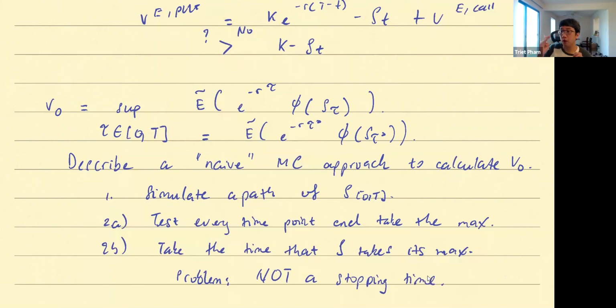Remember the whole definition of stopping time is that by observing the history of the stock up to that time, you know if it happens or not. The max is not something that falls into that category.